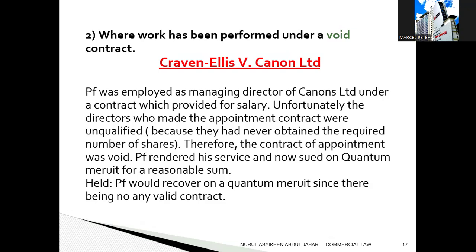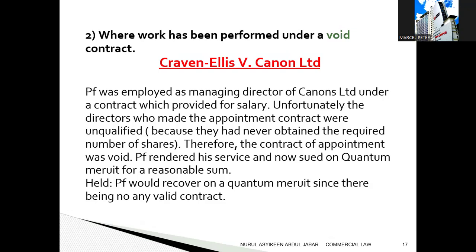Even though there was no valid contract, the plaintiff had already provided services. The court held that since services were rendered, the plaintiff could recover reasonable payment under quantum meruit. Payment was allowed to prevent unjust enrichment.